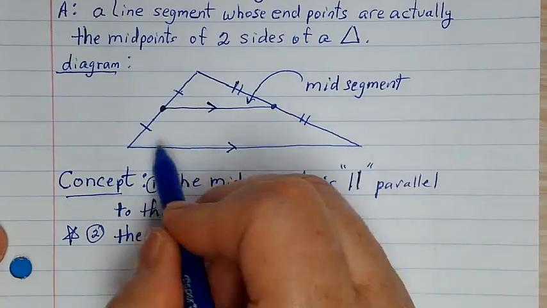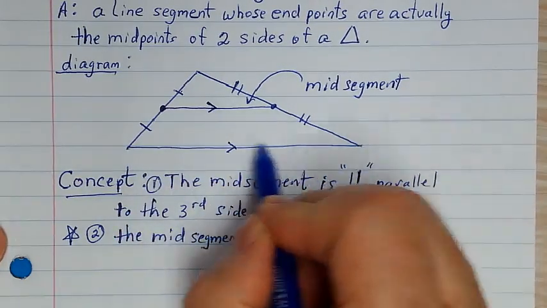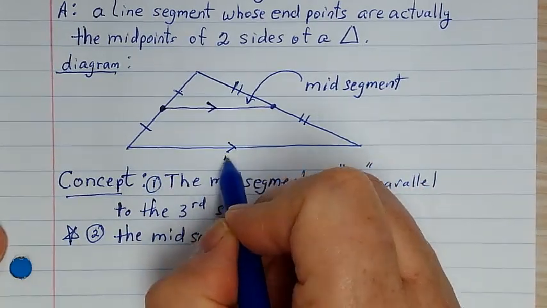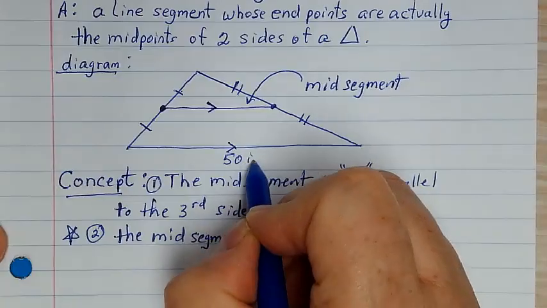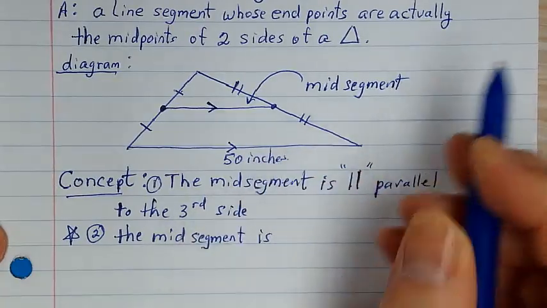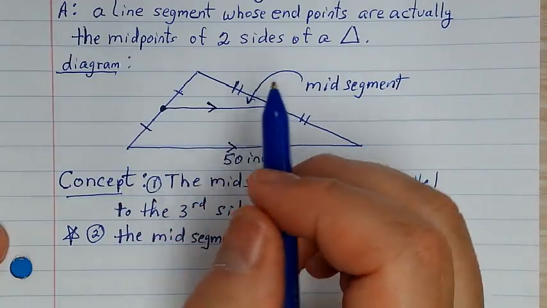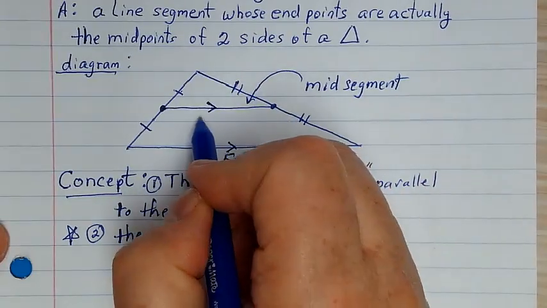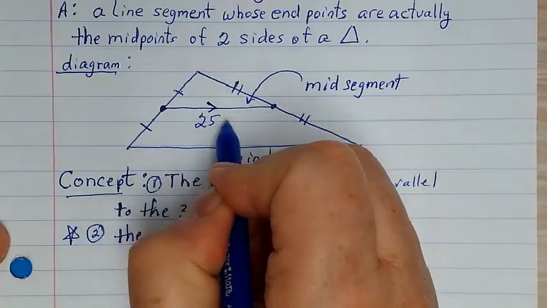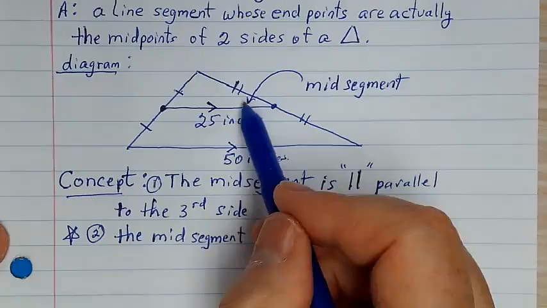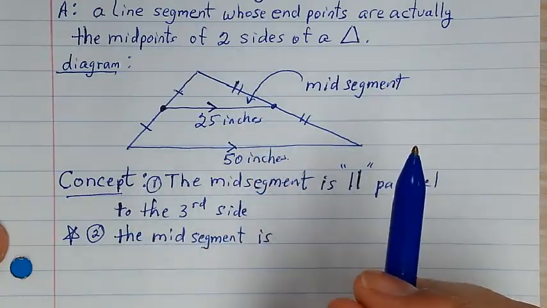Like, for example, suppose I said the side of that triangle is 50 inches. Then this midsegment, obviously it's shorter, but it is exactly half as short, so it's, guess what? 25 inches. And that's the relationship you're going to have to know.